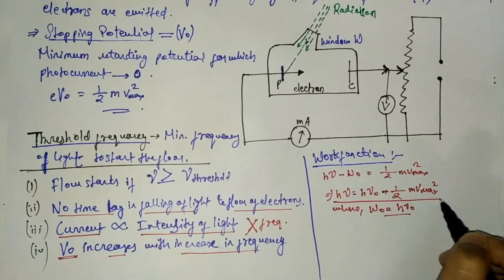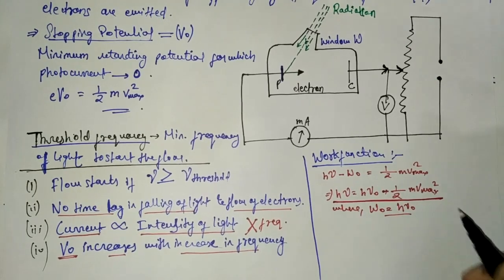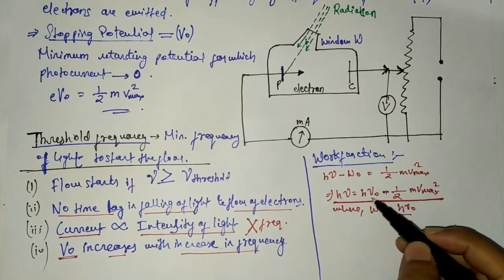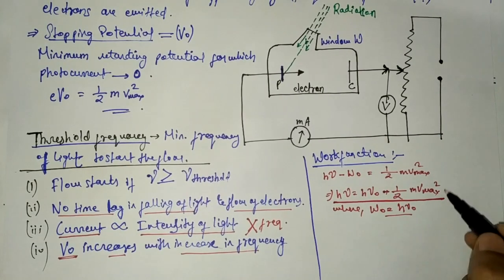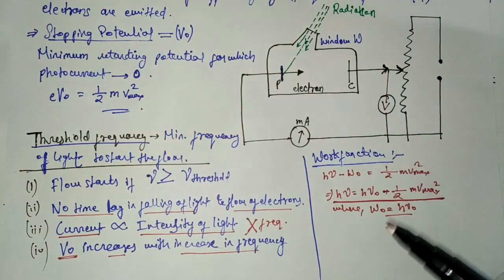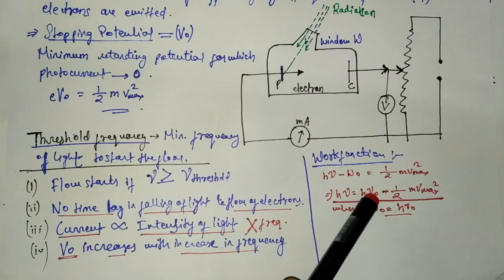So this is an important equation. This is the total energy, this is the energy required to extract an electron, and this is the energy that is absorbed by the electron and converted into kinetic energy of the electron, that is, to the flow of the electron. So this is the work function.